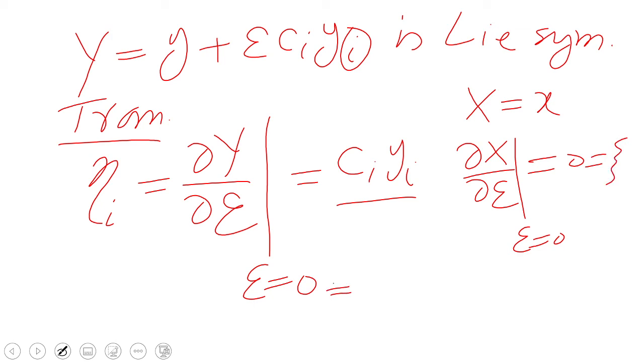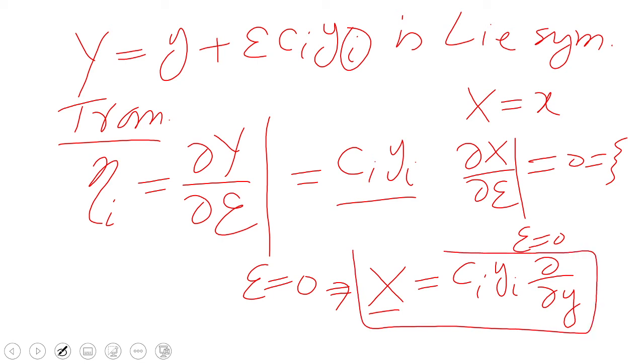That means the symmetry generator takes the form xi, which is 0, partial by partial x, plus eta, which is ci yi, partial by partial y. So this is the symmetry generator.